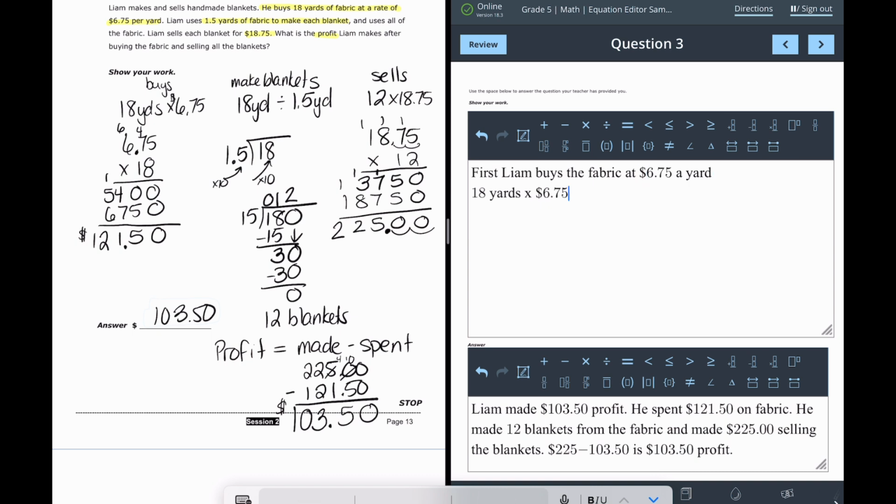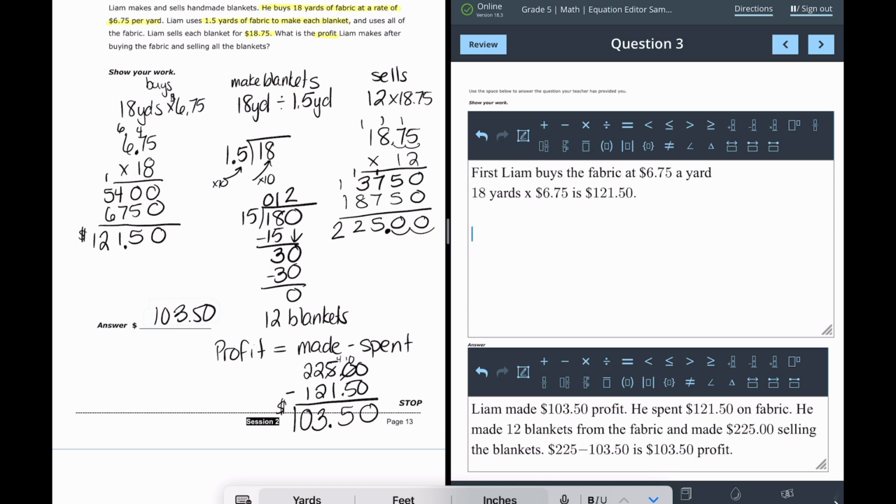Okay? So first he did all that and he made 18 yards times 6.75 is 121.50. Oops, I typed the wrong number. Wouldn't that be silly? You do all this work and that's a mistake you make? So that's the very first thing.